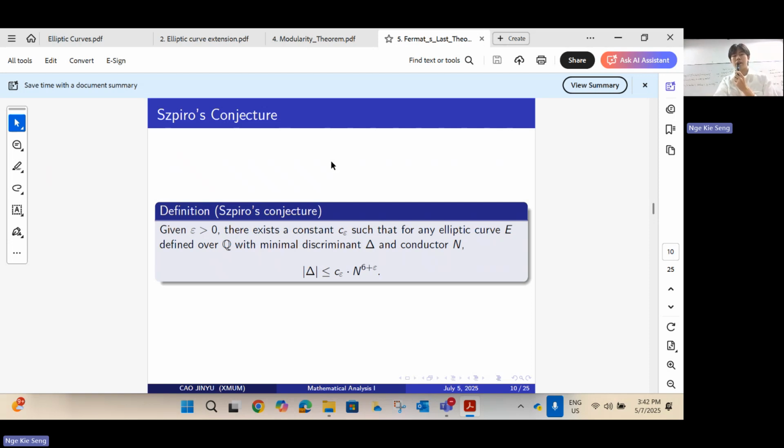It states that for every epsilon greater than 0, there exists a number C such that the absolute value of the discriminant of an elliptic curve E is less than or equal to C times N to the power of 6 plus epsilon, where N is the conductor of this elliptic curve.